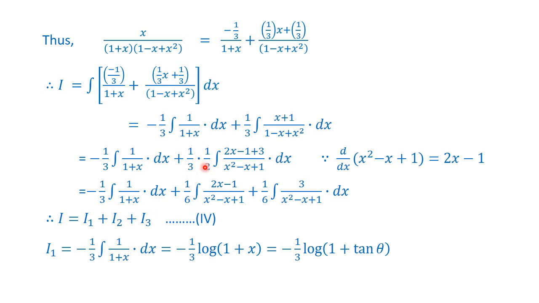Now 1 by 3 into 2, 1 by 6. The first term as it is, okay. We don't touch here. Now this one. This term can be separated and written as 2x minus 1 by x square minus x plus 1, and then 1 by 6 into this 3 upon x square minus x plus 1 dx.